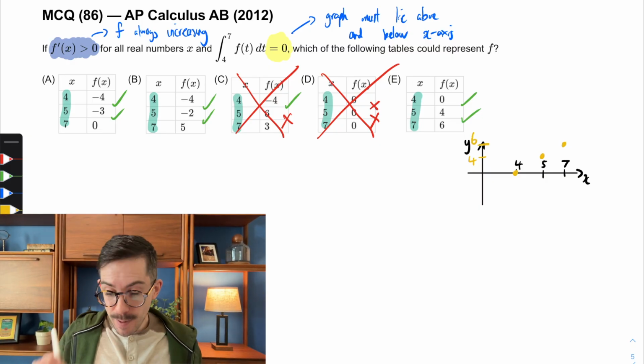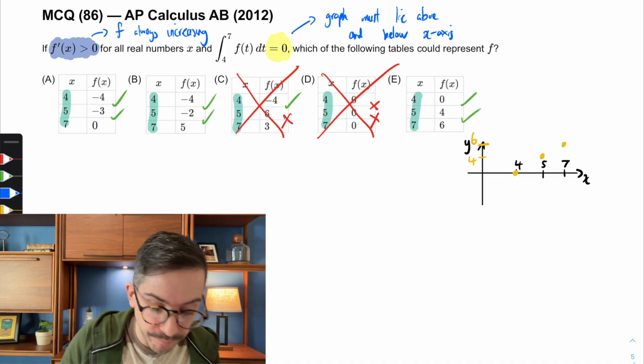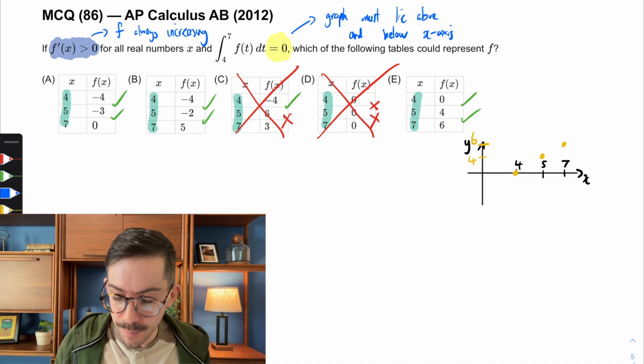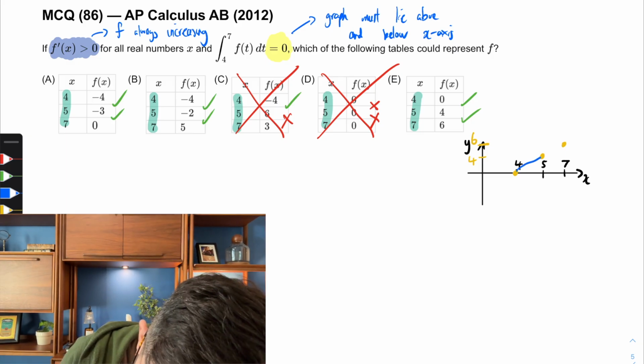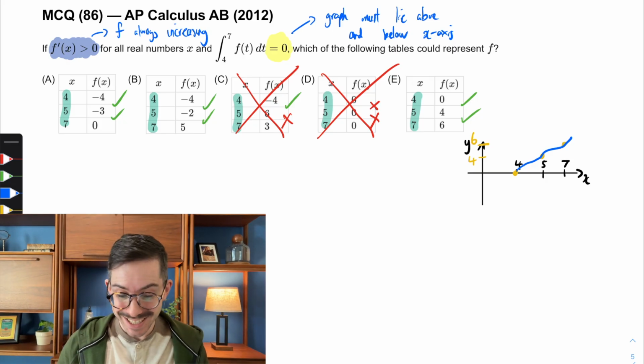But remember, this function has to be increasing. So I don't know exactly what it looks like, but it can't go down. The only way is up. So I'm going to start at this point and increase, something like that.